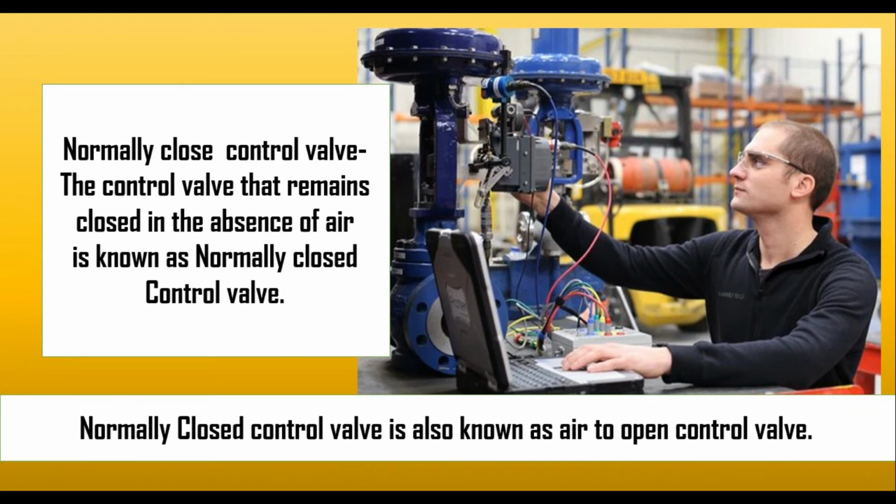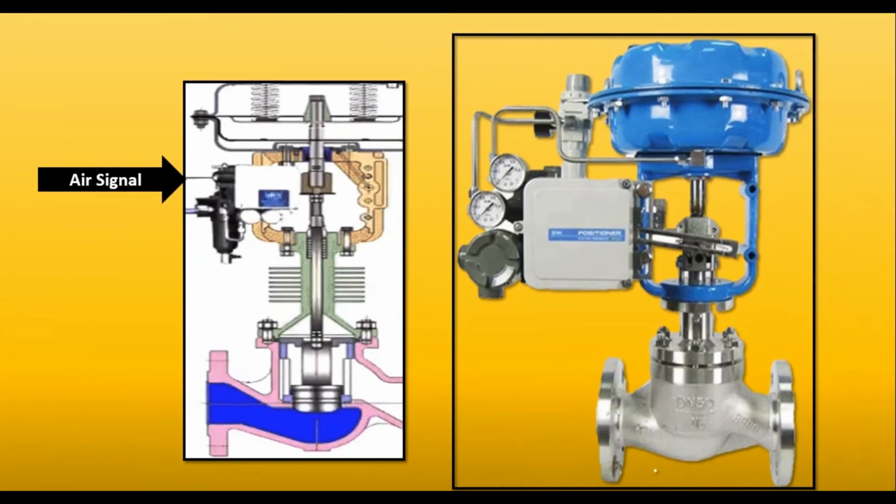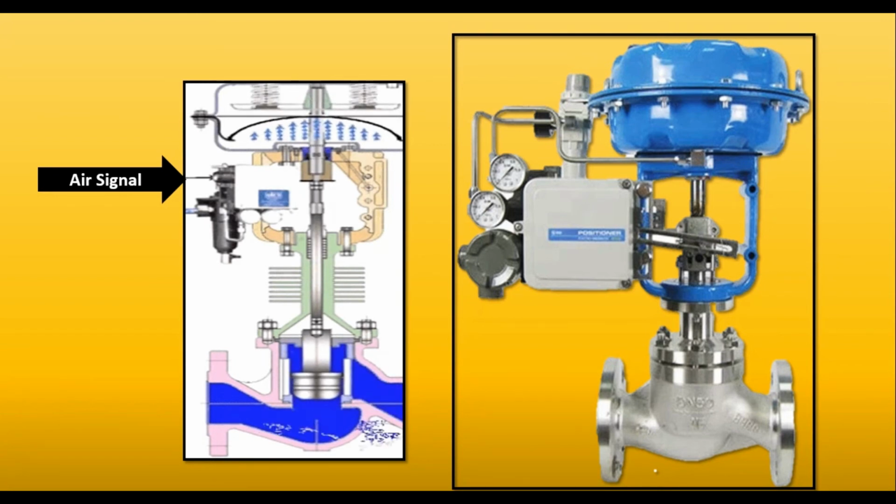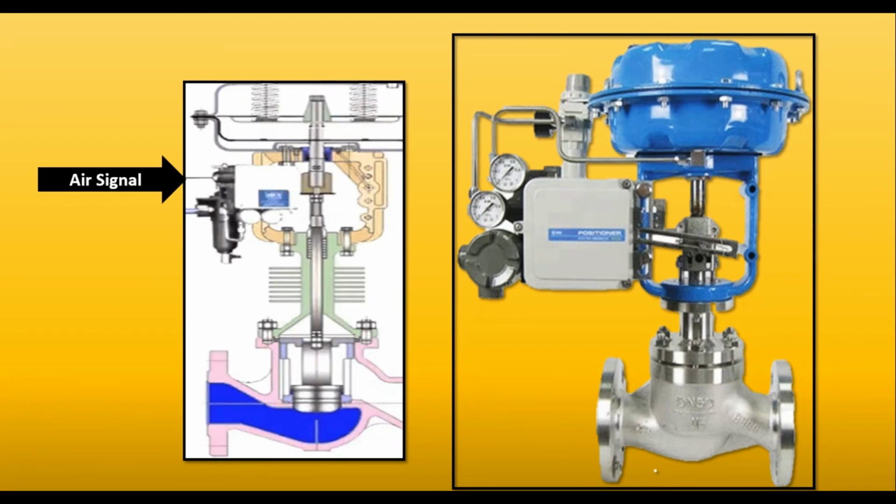The valve will start opening on applying air, so this valve is also known as an air to open control valve. A normally closed or air to open control valve is shown in the picture and animation. It is clear from the animation that the valve will open on applying air signal.